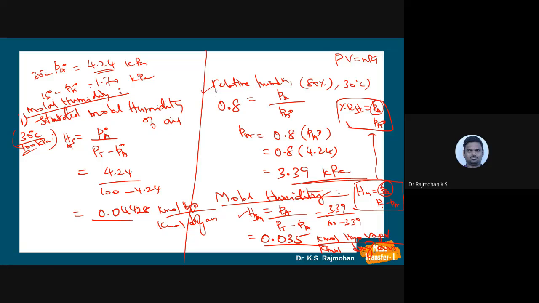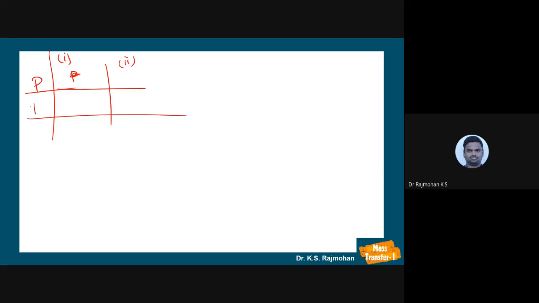Now we'll move on to the next part. Calculate the molar humidity of this air if its temperature is reduced to 15 degrees Celsius and the total pressure is increased. Remember, case 1 and case 2 have two parameters, pressure and temperature.